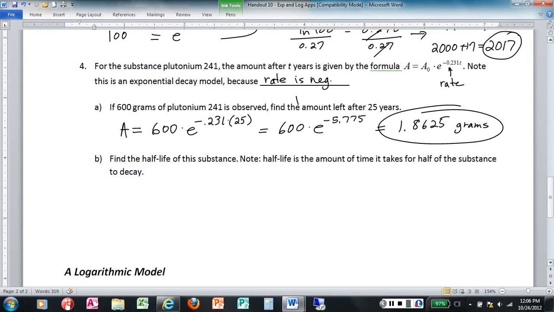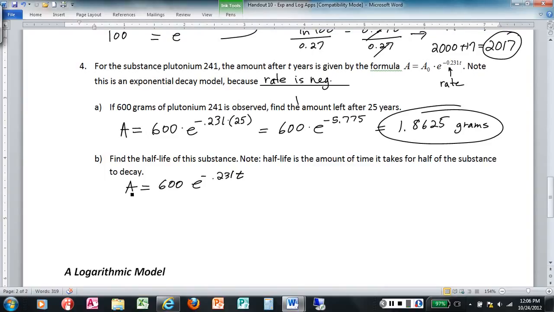All right. So in my formula, since I did 600 in A0, we'll just leave that in there, but I don't know my time now. And the other thing is, I also know my future amount because I want the amount I start with to decay to half.